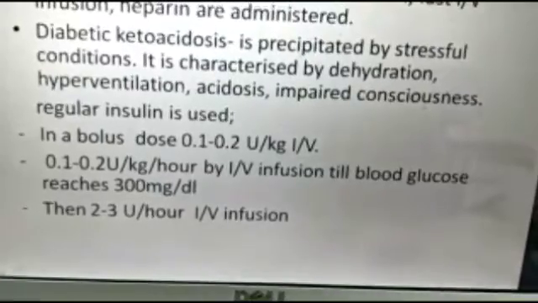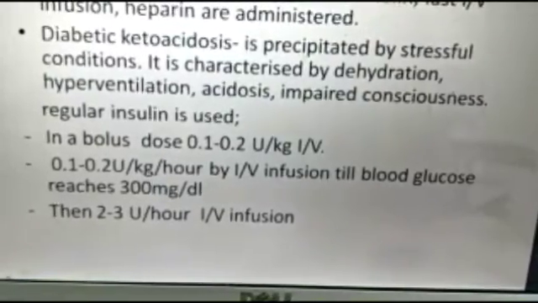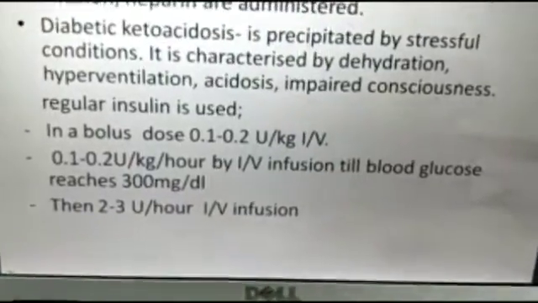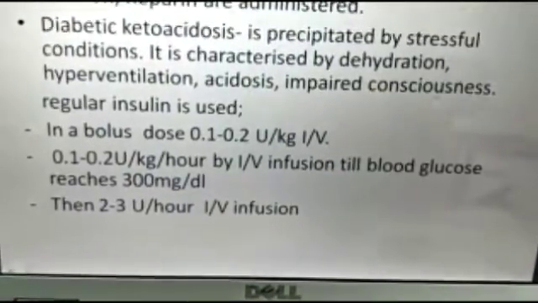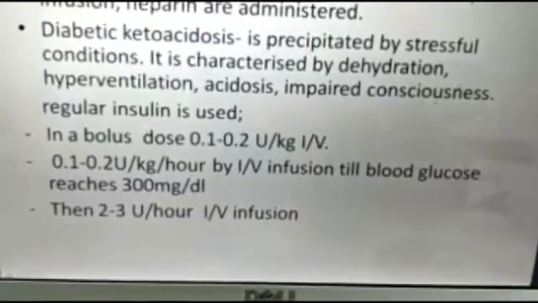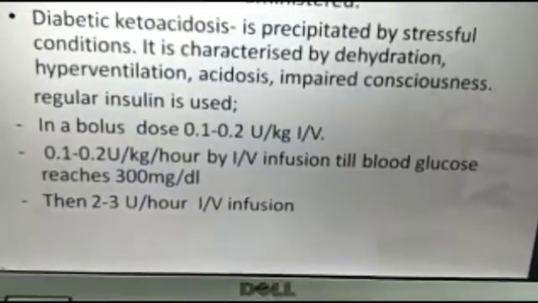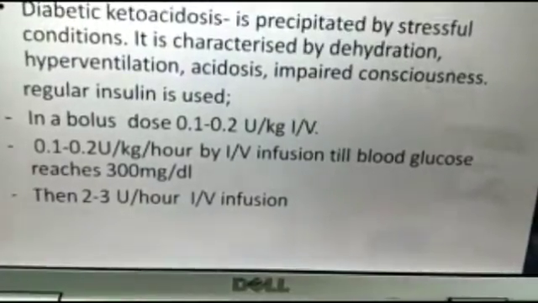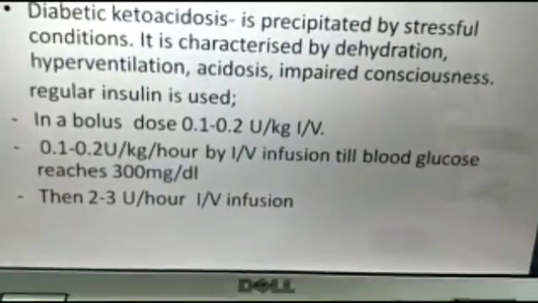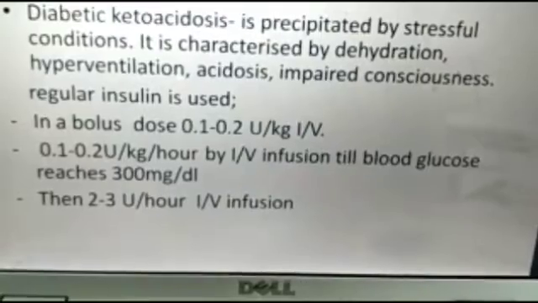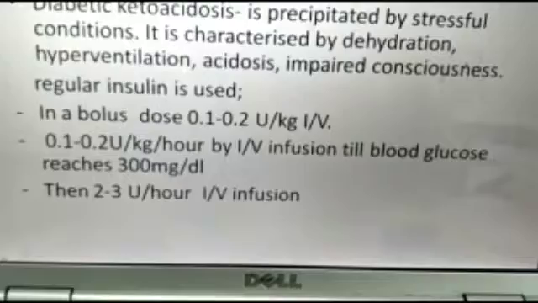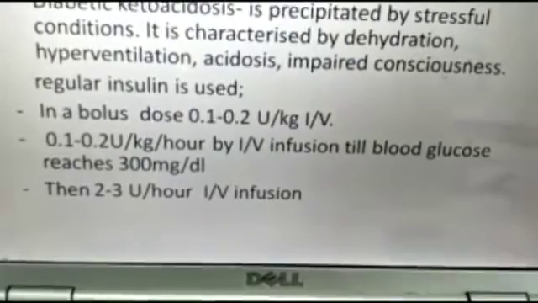In this condition, we need to control the dehydration by giving IV fluids, treatment of acidosis along with potassium also, and regular insulin is used to control the blood glucose levels. The dose of regular insulin: initially we give it as a bolus intravenous injection, and the dose is 0.1 to 0.2 units per kg body weight.